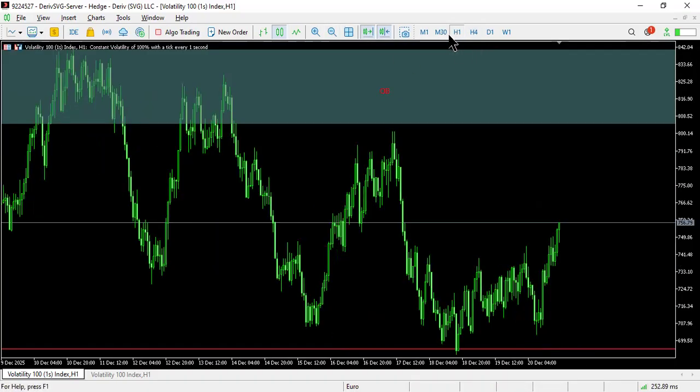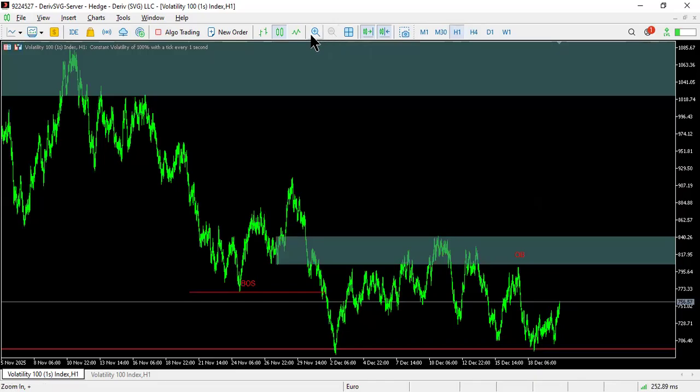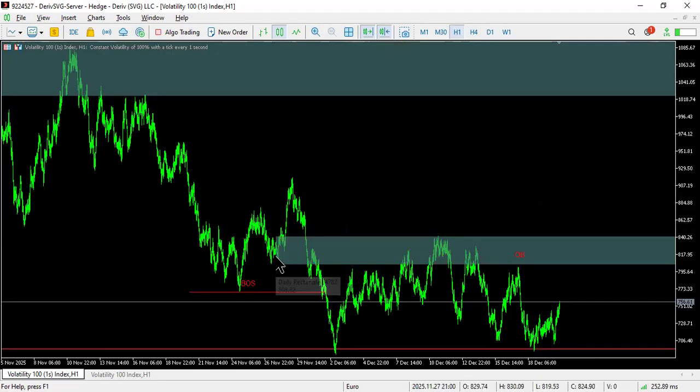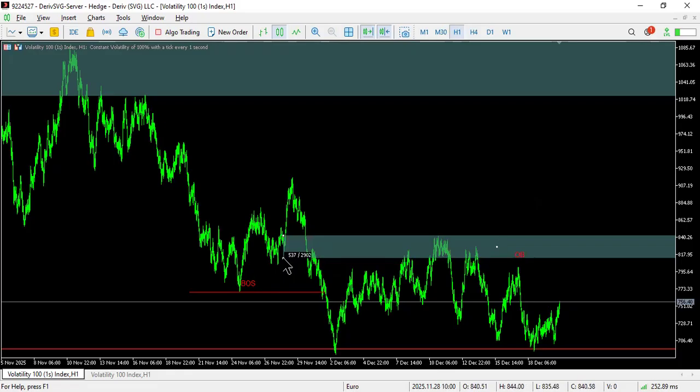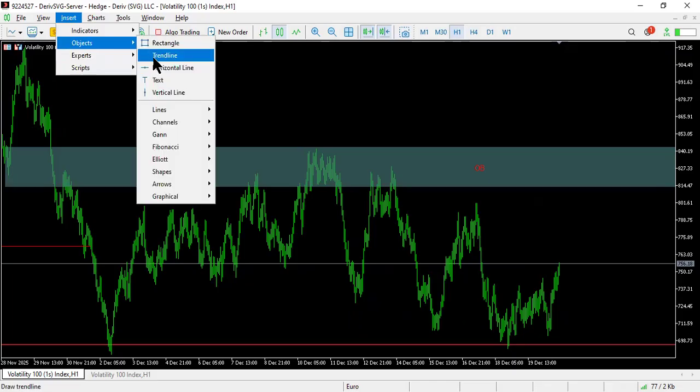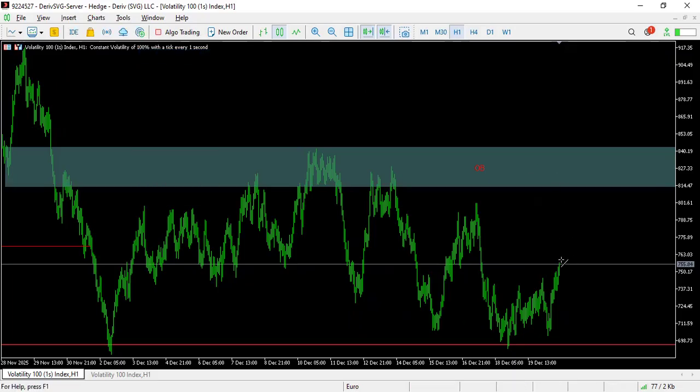And then if we go to the 1 hour, from the 1 hour, that is what we have. I'm expecting price to still push further into that order block because price is ranging.